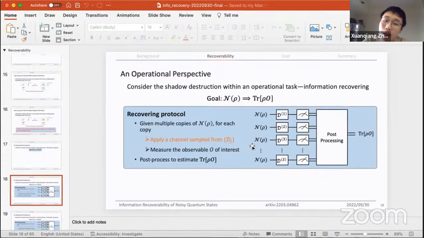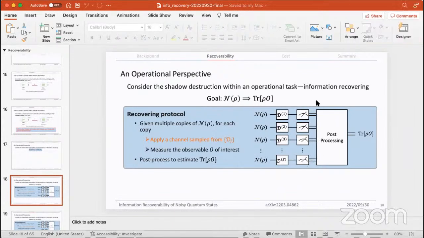The states available are the noisy quantum states, but what we can do on them are just ideal quantum operations, so that we are doing more like theoretical analysis. For more practical cases, we could incorporate the measurement noise into the framework. Yeah, thank you. No problem.